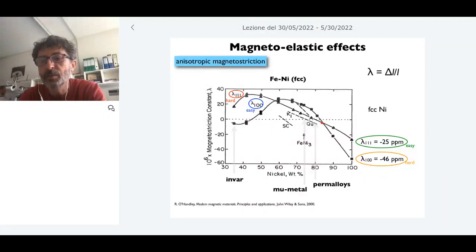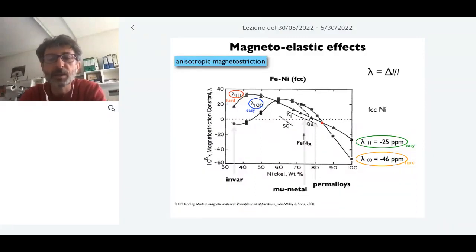If we strain the material, then we may have a magnetic action, and we will see this in the next part. So we have anisotropy induced by the stress. If we have 0 magnetostriction, it also means that if we apply stresses, the material does not change its magnetic properties. So you do not induce anisotropy with the stress.